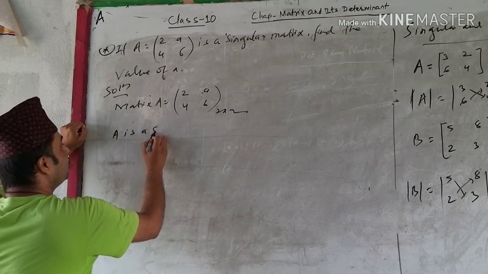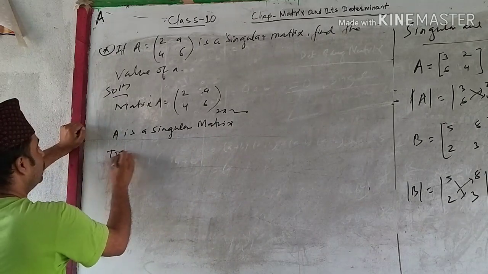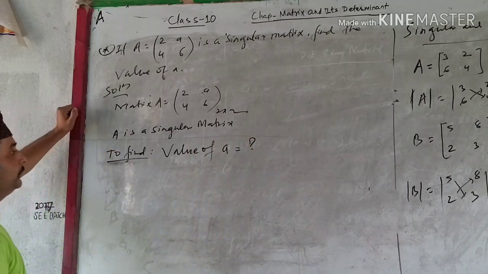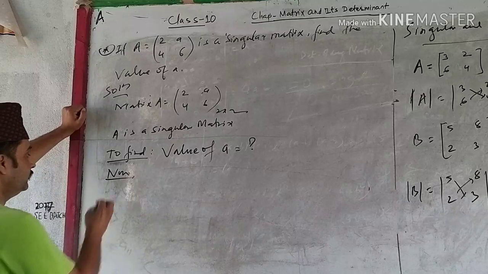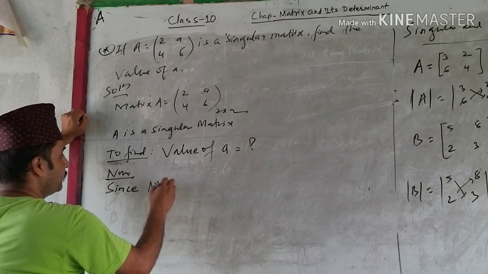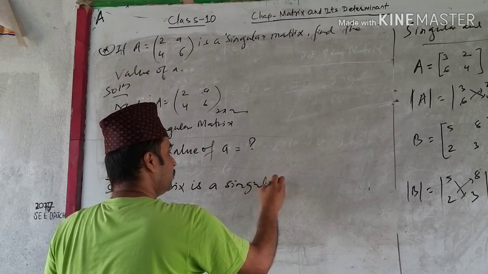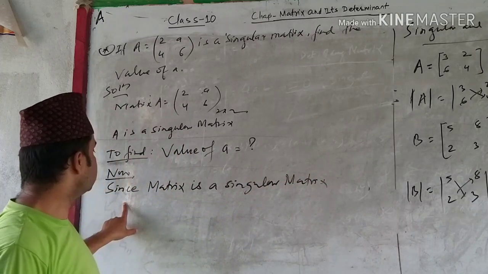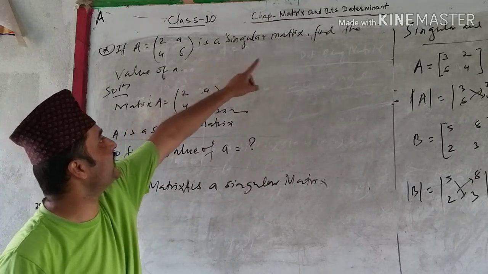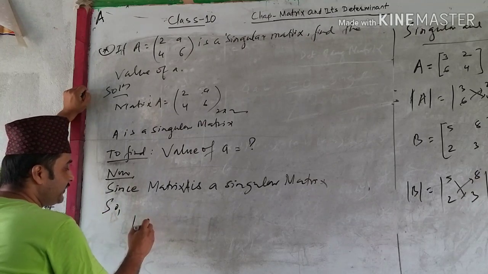Since matrix A is a singular matrix, we know that the determinant of matrix A is equal to 0.